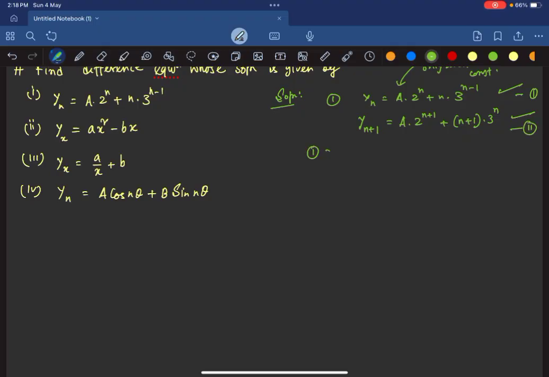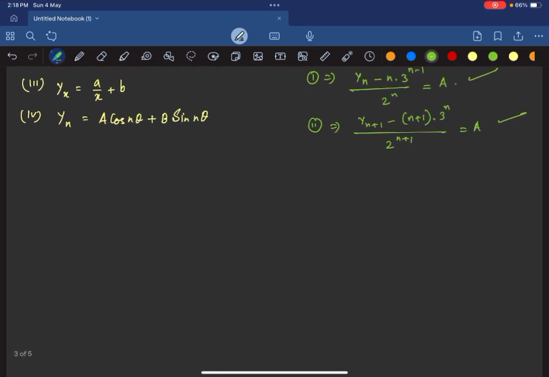From equation 1 you can write y(n) minus n into 3 power n minus 1, by 2 power n, that can be expressed as a. And from 2 you can write y(n+1) minus n plus 1 into 3 power n, by 2 power n plus 1, that is a. Because this is a and this is also a, you can simply equate this left hand part with this left hand part.